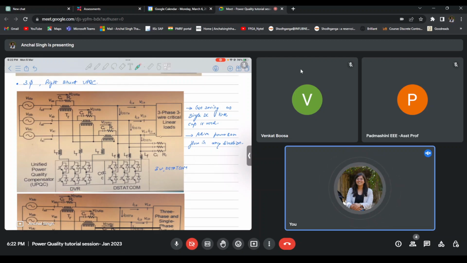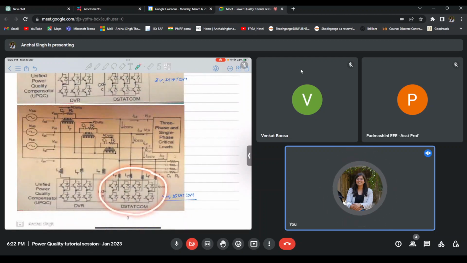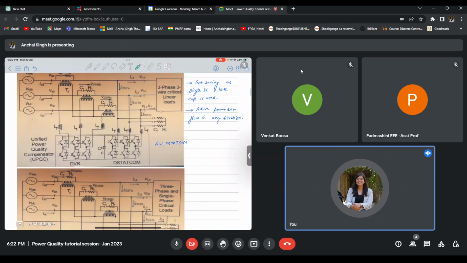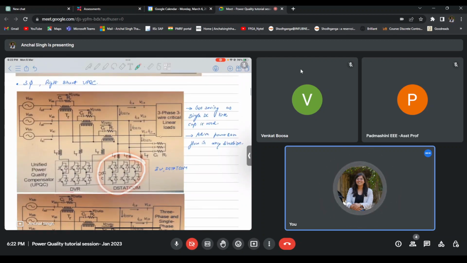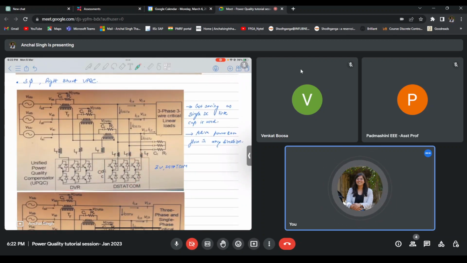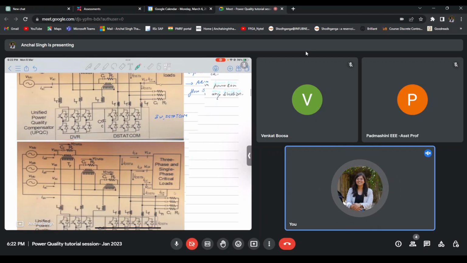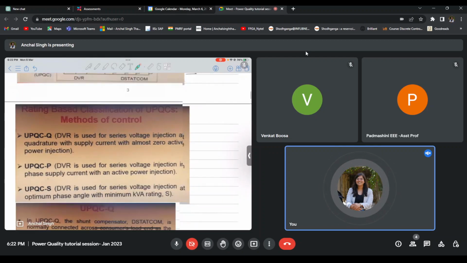If you are attempting neutral current compensation, then you will have to use a four-leg converter like this one. This is a four-leg converter for neutral current compensation, whereas this is a three-leg converter. The only problem with a three-leg compensator is that it is incapable of taking care of neutral current. So this was our right shunt UPQC for three-phase configurations.